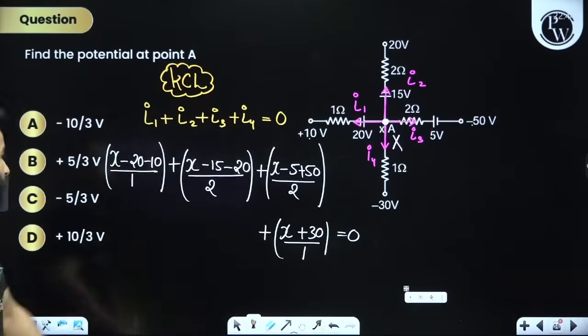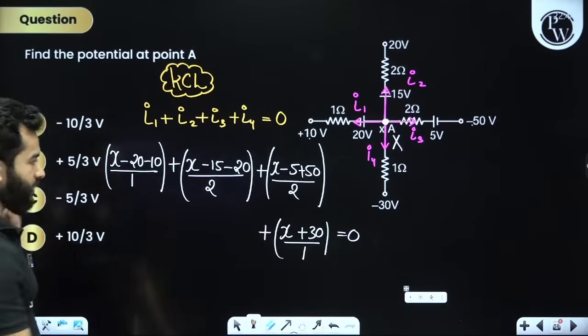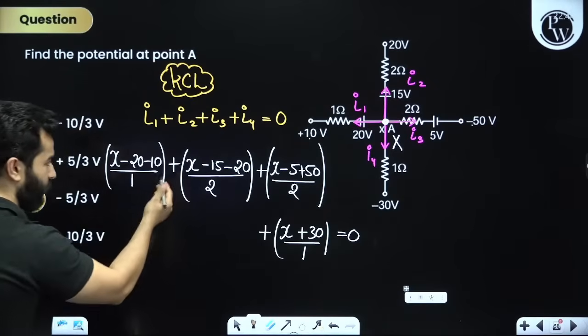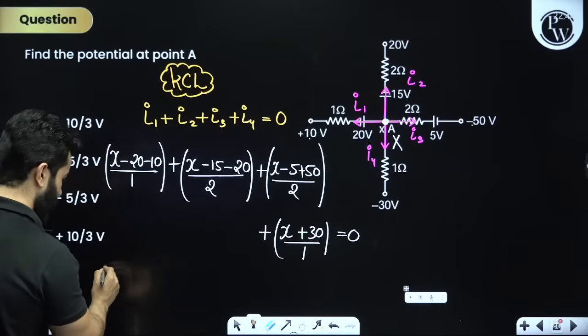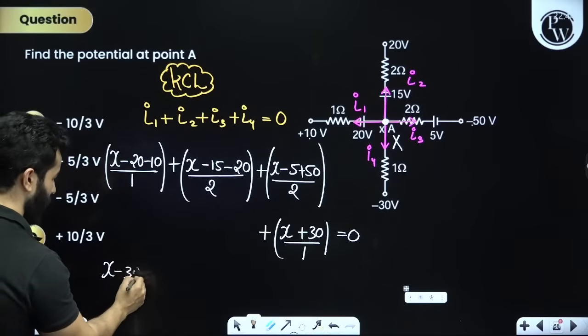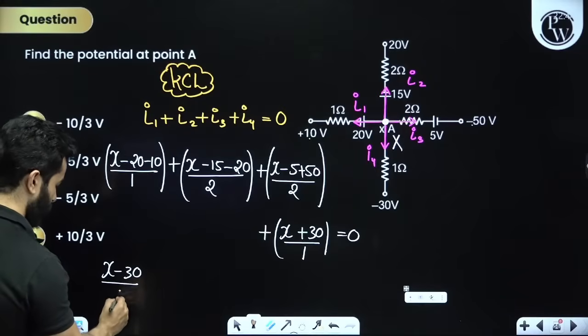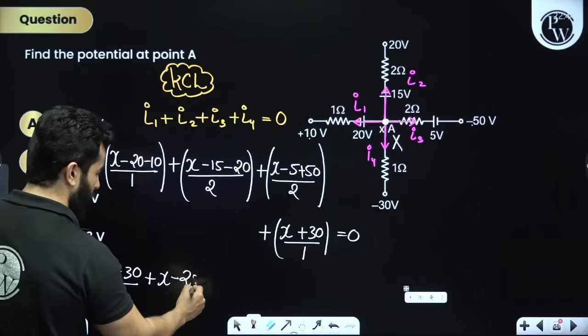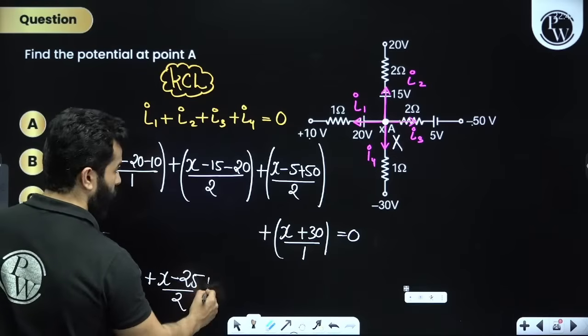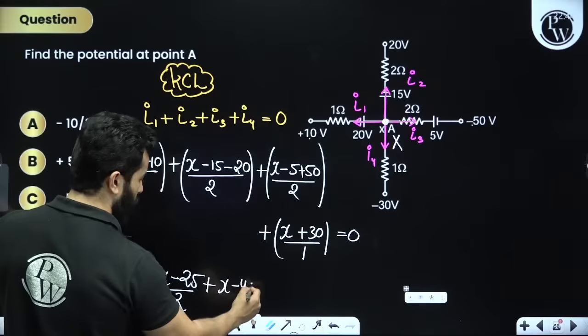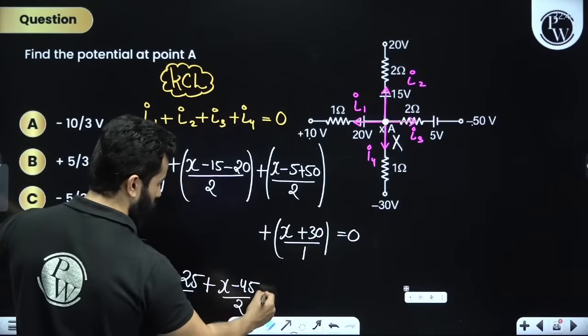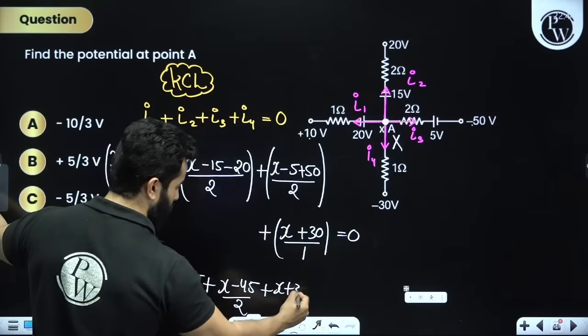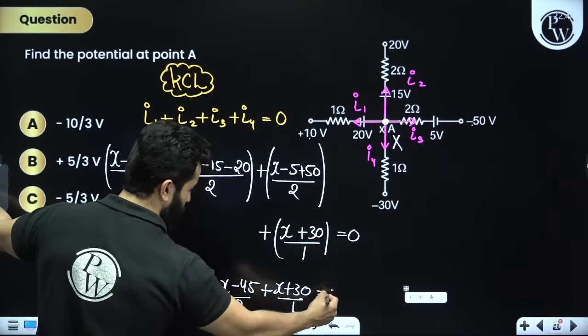Solve. You can now find out the value of X. I can see we have got 2 over here, but first I'll simplify it. I'll get X minus 30 divided by 1 plus X minus 25 divided by 2 plus X minus 45 divided by 2 plus X plus 30 divided by 1 is equals to 0.